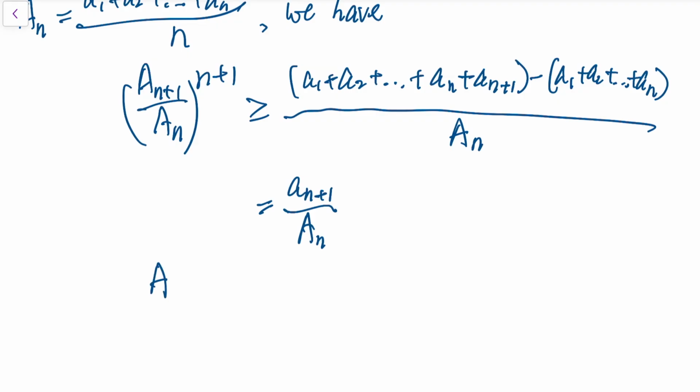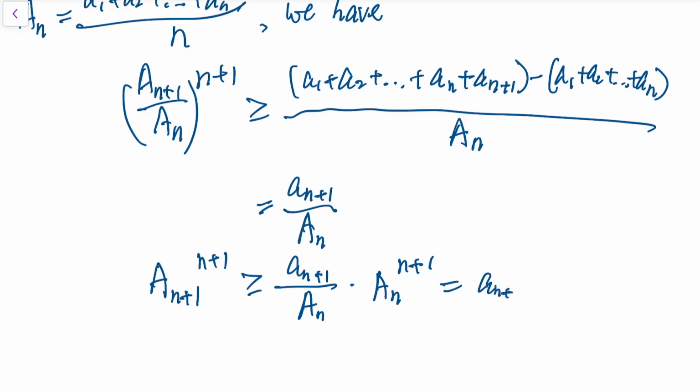So by rearranging the terms, we know that capital An+1 to the power n+1 is greater than or equal to an+1 over capital An times An to the power n+1, which is equal to an+1 times capital An to the power n.